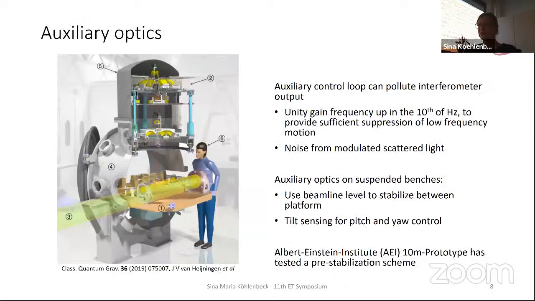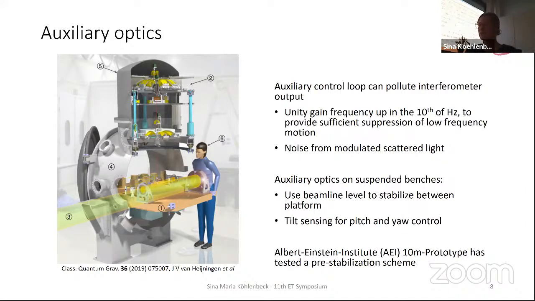So if we go further down the beamline, we see that we have many auxiliary benches that house the input-output optics. And we have already seen there that large DC drifts between these benches and the interferometer optics often create problems, also with scattered light and these large dynamic ranges.